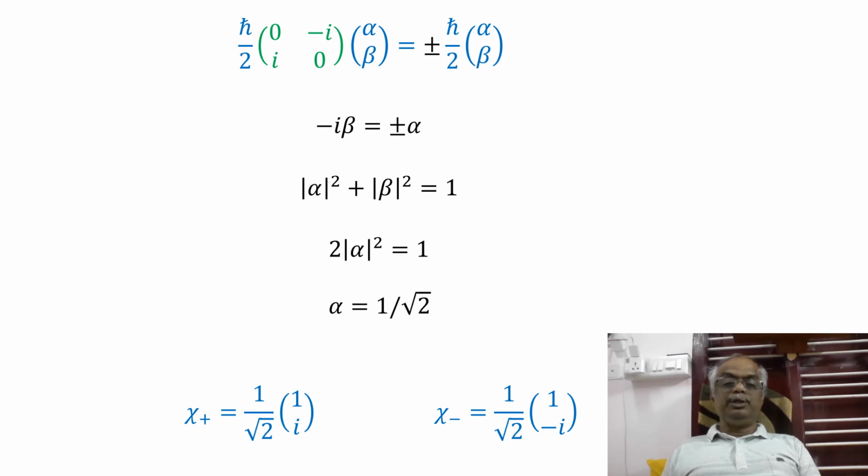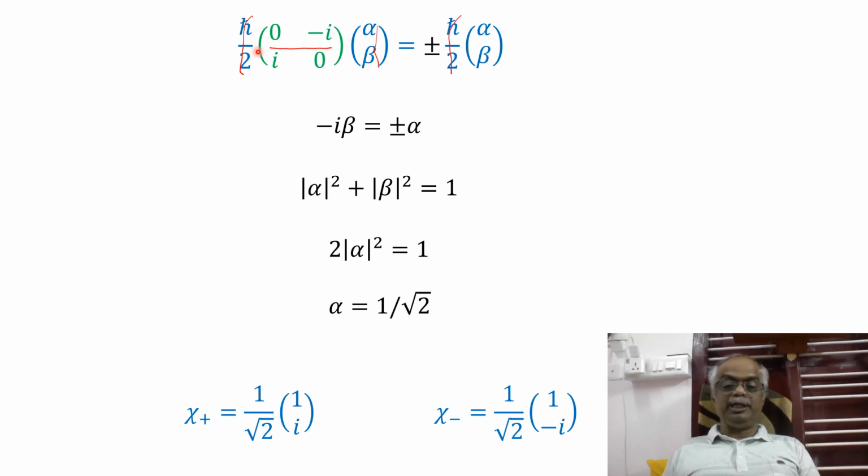Now you equate the two sides. First, this ħ/2 and this ħ/2 will get cancelled. Now you multiply this first row and this column, which gives minus i beta.